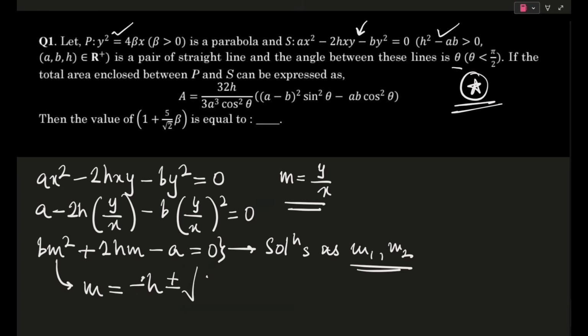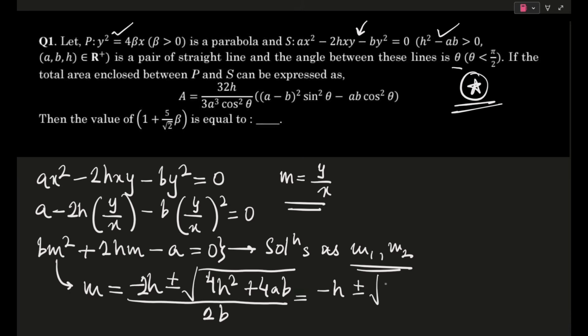It's minus 2h plus minus root b square minus 4ac, that will give us 4h square plus 4ab, and this thing is whole divided by your 2b. So you will see a 2 is getting cancelled from everywhere. So these roots come out to be minus h plus minus root under of h square plus ab, and I guess are divided by b. So these will be our m1 and m2.